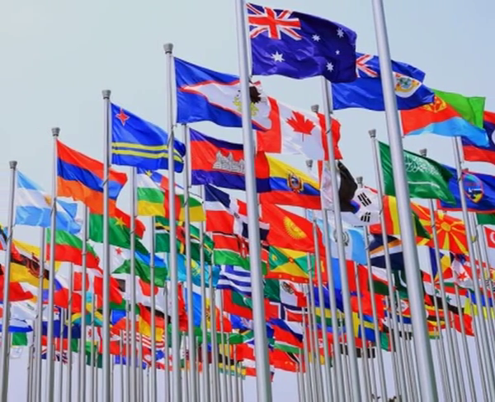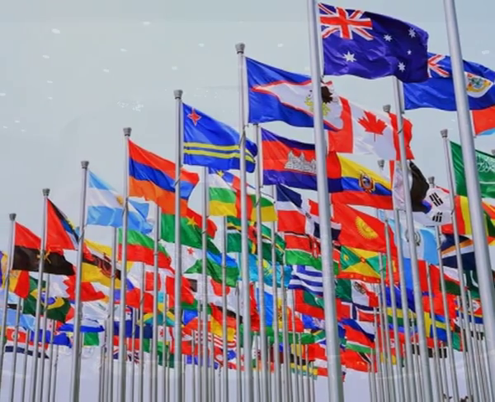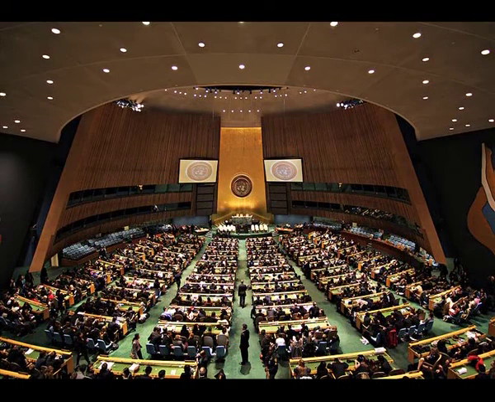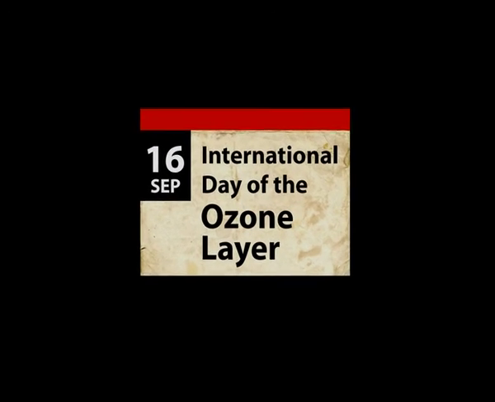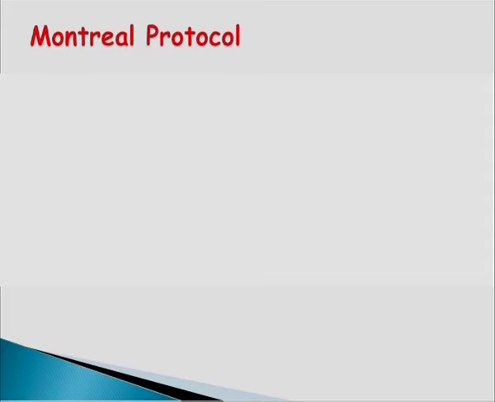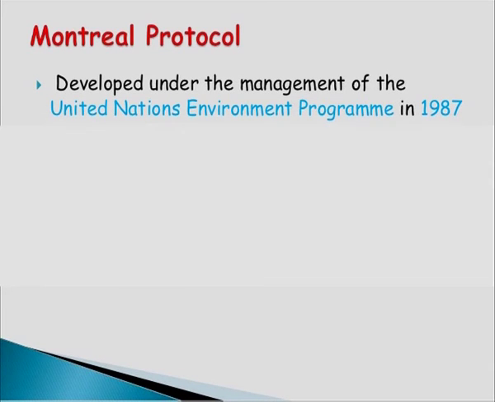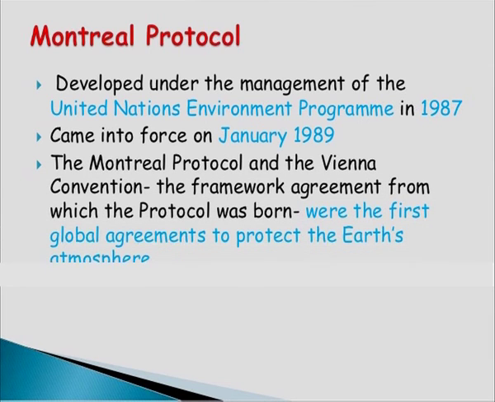International response and the future. In 1994, the United Nations General Assembly voted to designate September 16th as World Ozone Day to commemorate the signing of the Montreal Protocol in 1987.